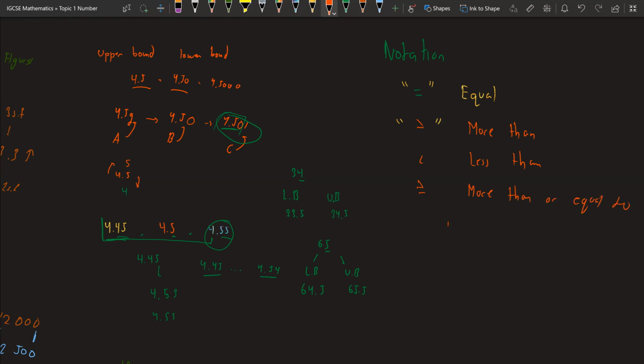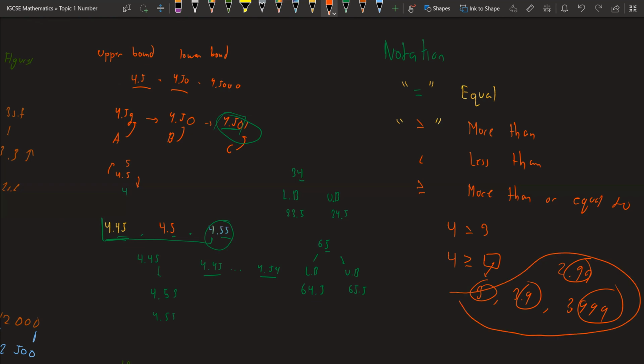So 4 is more than 3 for sure, right? But let's say 4 is more than or equal to some value. That value could be 3, could be 3.9, could be 3.999, could be 2.999, doesn't really matter. Any of these values would satisfy this condition right here.